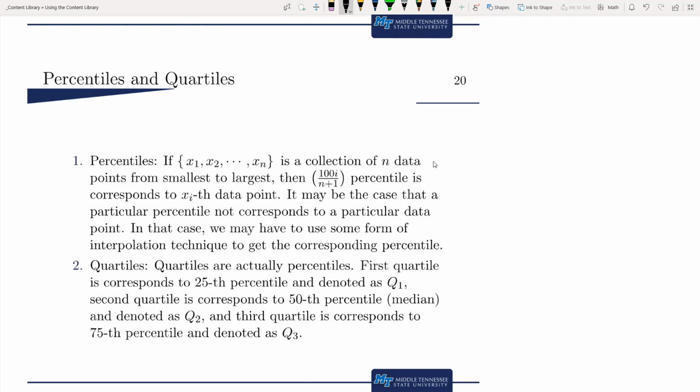So according to this formula, you can calculate the nth percentile. Let's say you want to get the ith percentile, then it's 100 times i divided by n plus 1, then the corresponding data point would be that percentile. Okay.